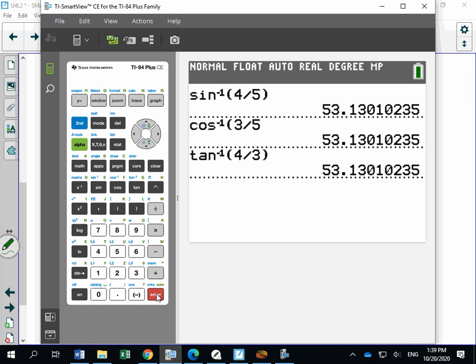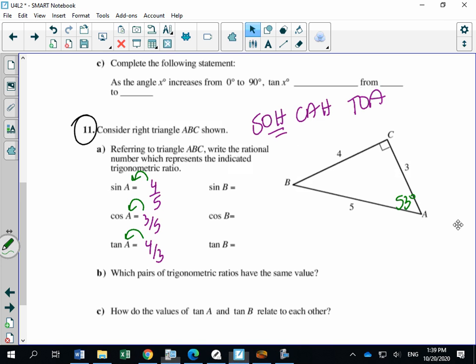Same answer. So when I say calculate angle A, and you have 3 to choose from, it doesn't matter what you choose, you're going to get the same answer. A is 53 degrees, right? So whether we use the sine ratio, the cosine ratio, or the tan ratio, as long as you have your ratios correct, you're going to get 53 degrees for each one of these.